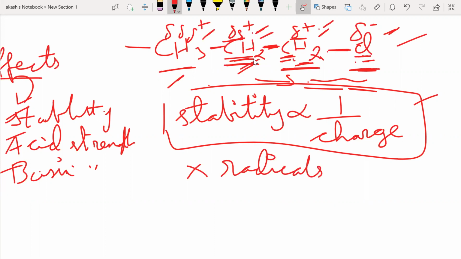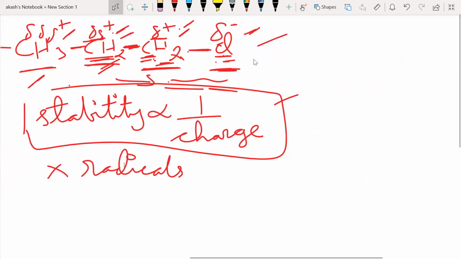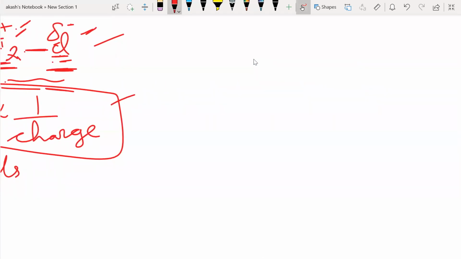Okay, right, fine. So for us to understand inductive effect in depth, there are going to be something called EWG and EDG. What is this?